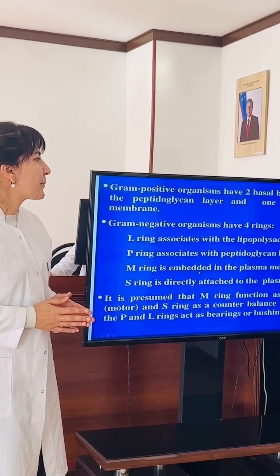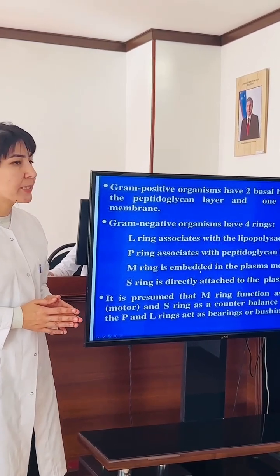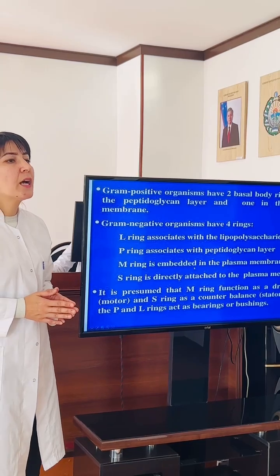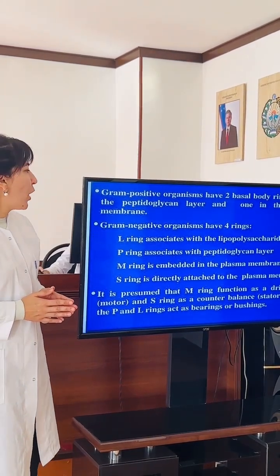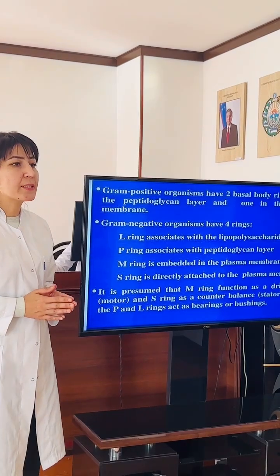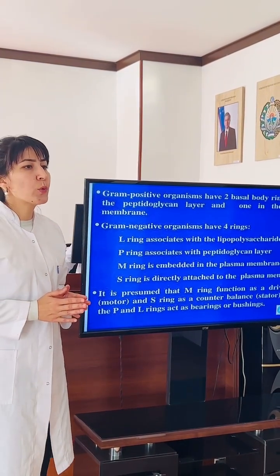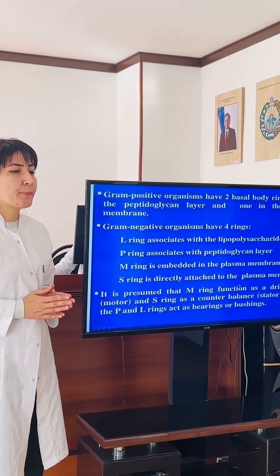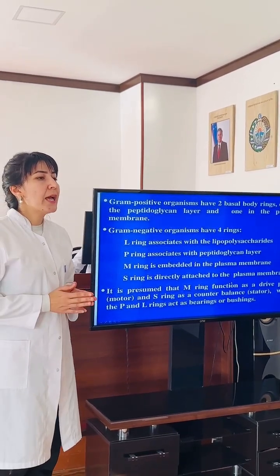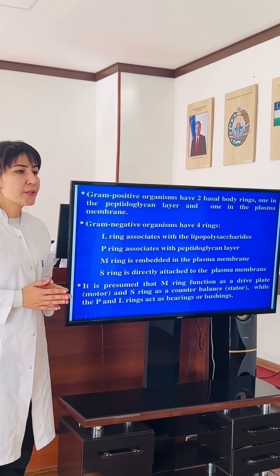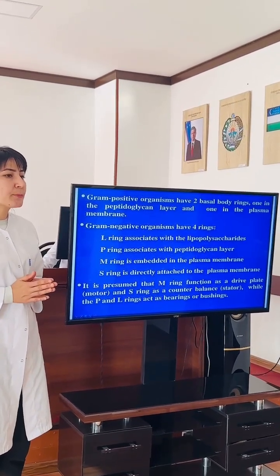A gram-positive organism has two basal body rings, one in the peptidoglycan layer and one in the plasma membrane. Gram-negative organisms have four rings: the L ring associated with lipopolysaccharides, the P ring associated with the peptidoglycan layers, the M ring embedded in the plasma membrane, and the S ring directly attached to the plasma membrane.